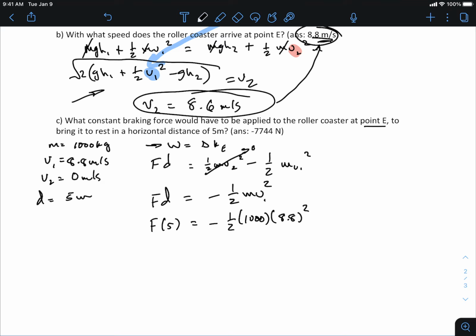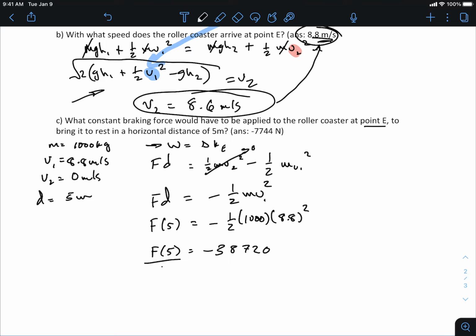If we type this into our calculator, 0.5 times 1,000 times 8.8 squared should equal negative 38,720.